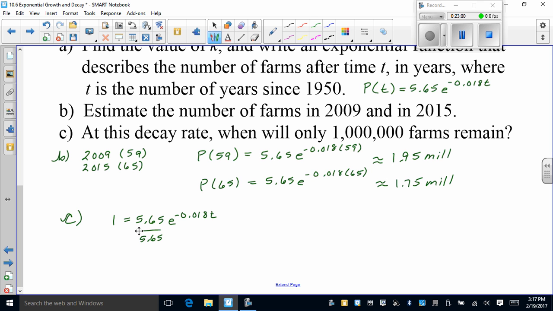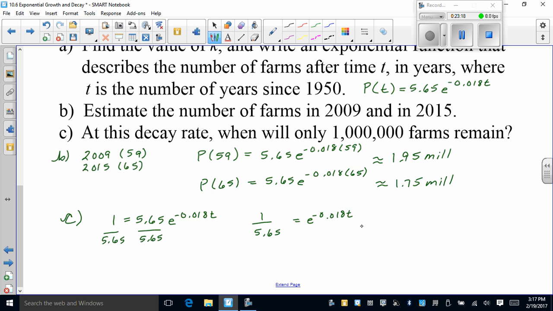Then we get 1 over 5.65 equals e to the negative 0.018 t power. Take the natural log.